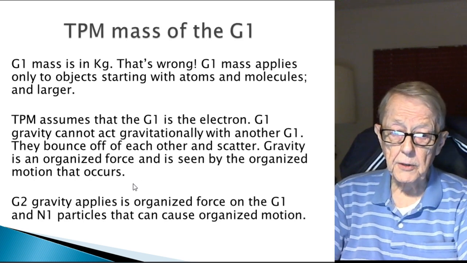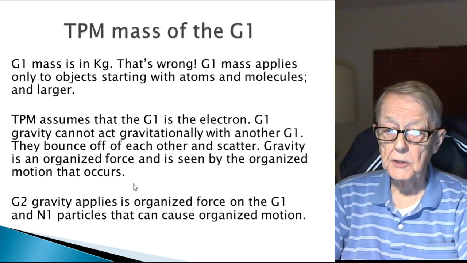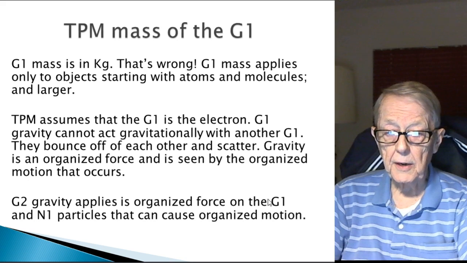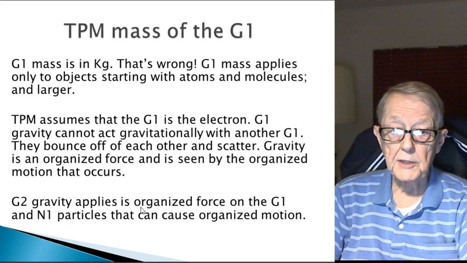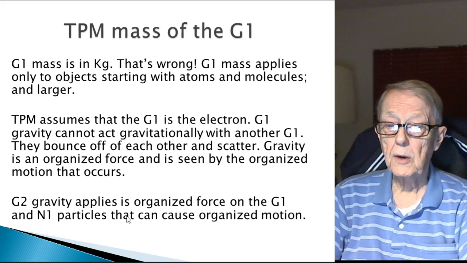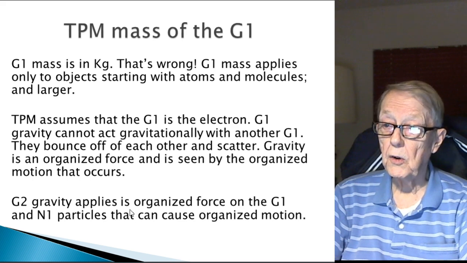Now, it actually turns out that G2 gravity applies an organized force on the G1 and the N1. N1 is the nucleon, G1 is like the electron, and that's how we make these atoms and molecules. And G2 can cause the organized motion of the G1 or the electron.